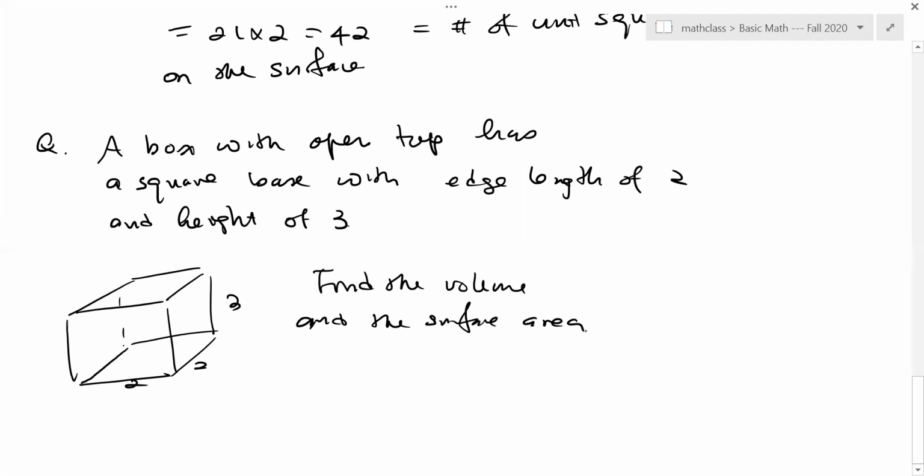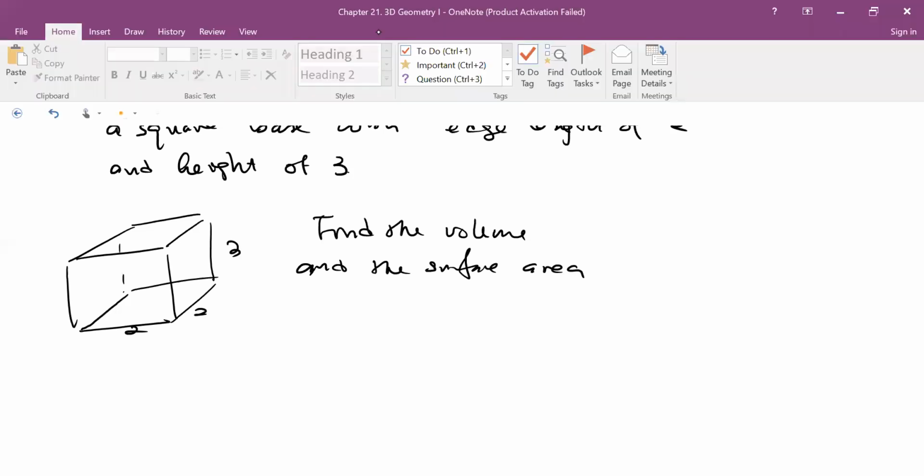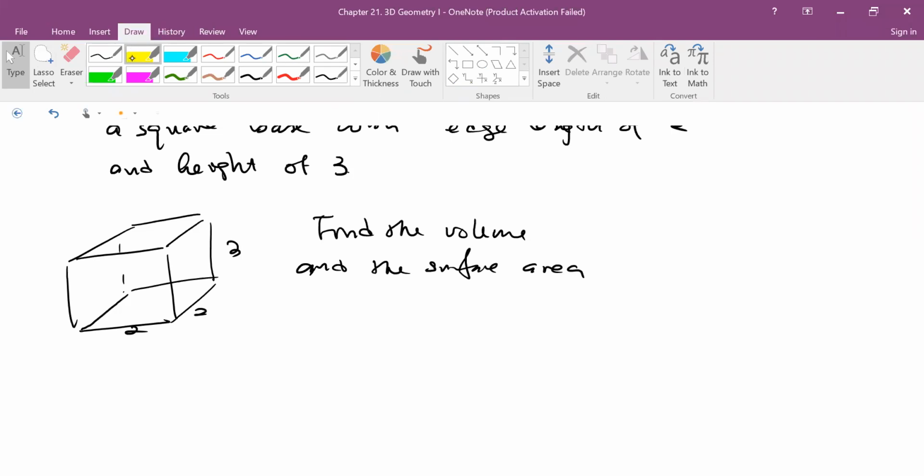The volume tells you how many unit cubes this box holds, and the surface area is how many unit squares are over the surface of this box. But be careful, this box has an open top.